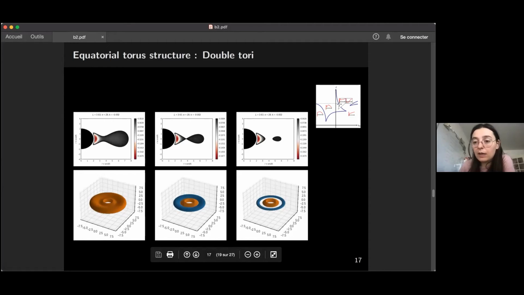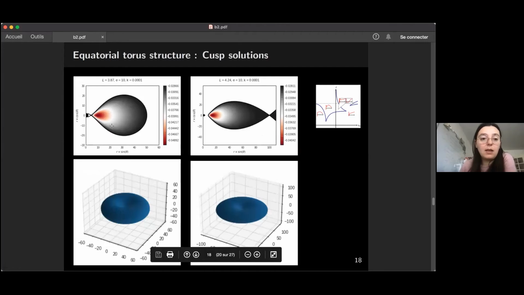Finally, if we're crossing again, this time the K0 equal to 0 line, we can get a solution with an inner cusp. So here on your left, we have the possibility of accretion because we have a cusp point.